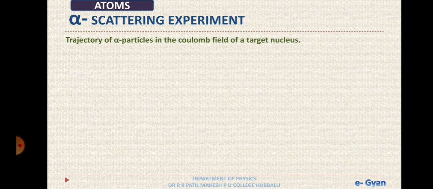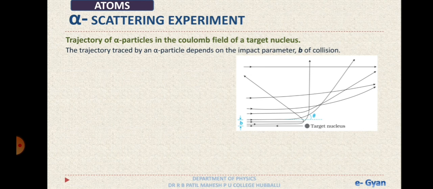Now, to understand it better, we look at the trajectory of an alpha particle in the Coulomb field of the target nucleus. The trajectory traced by an alpha particle depends on the impact parameter b of the collision. Here in the diagram, you can see the various vectors of the velocities of the alpha particle moving in the direction of the target nucleus.